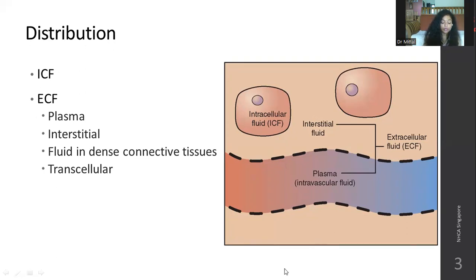And transcellular fluid means the fluid that is made somewhere, but is secreted from that source and has to go to some other place. For example, saliva is made from your salivary glands, but it is taken down into the mouth.